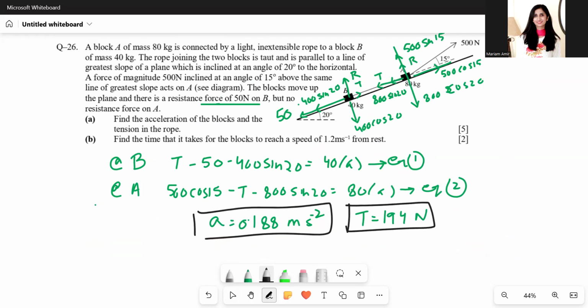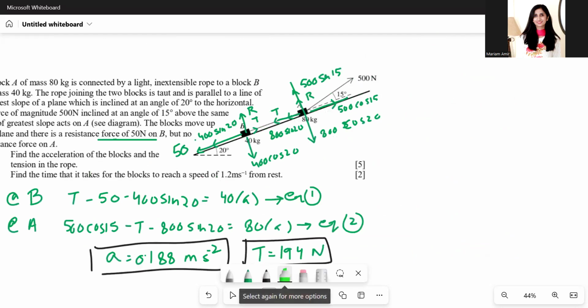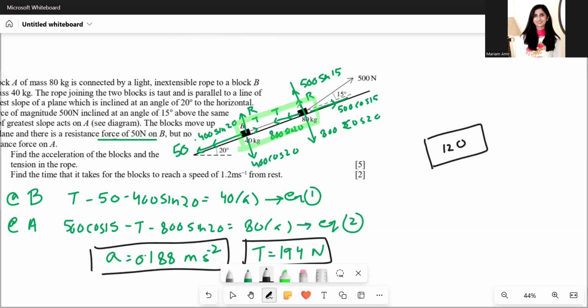Okay, there's also another way of going about this question, which is that you consider this as a single block. Consider the entire system. So now the mass of these two combined would be 120. So you'll have 120 cos 20 here, and 120 sine 20 here.